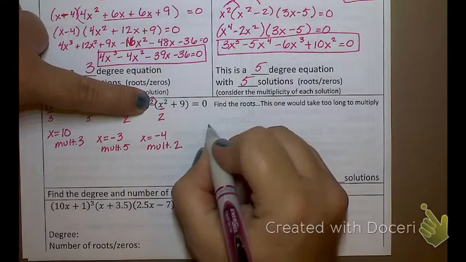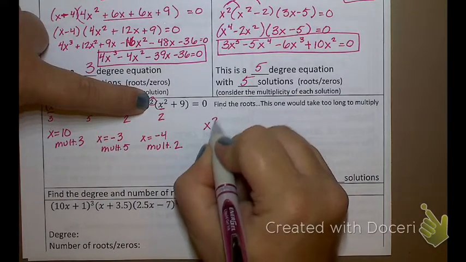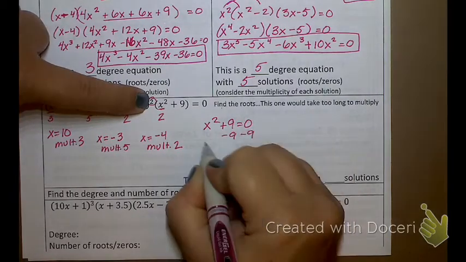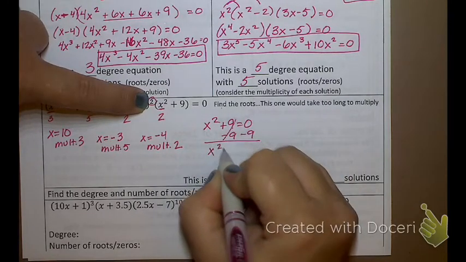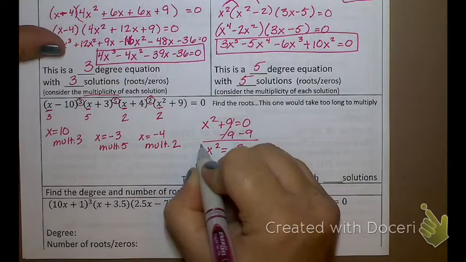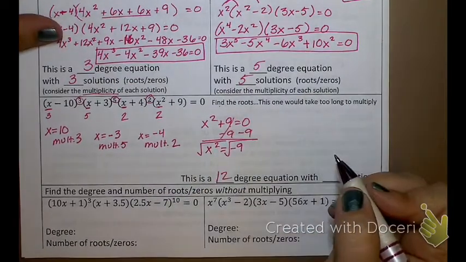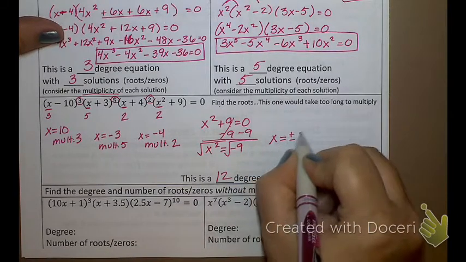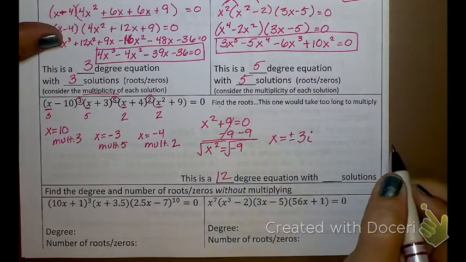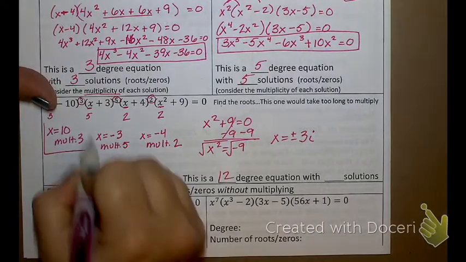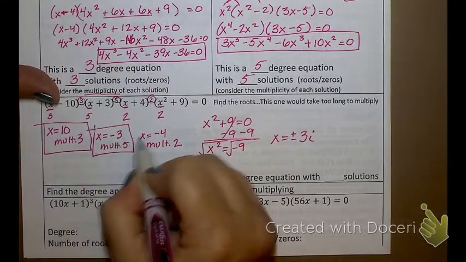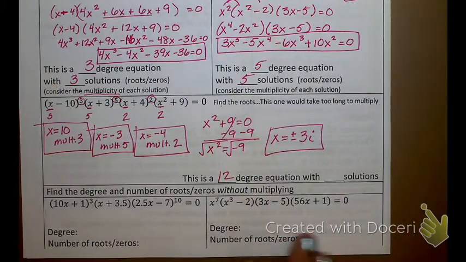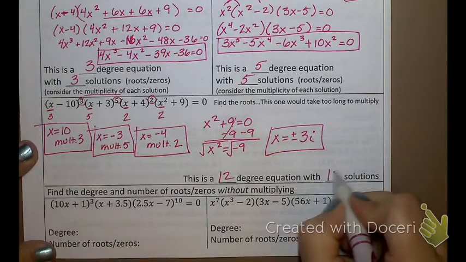And here, this one's a little trickier. x squared plus 9 equals 0. Careful. x squared equals -9. So when I square root, I'm taking the square root of a negative. So yes, it's a plus or minus, but it's plus or minus 3i. We're not doing anything with it, but there's our 12 solutions.